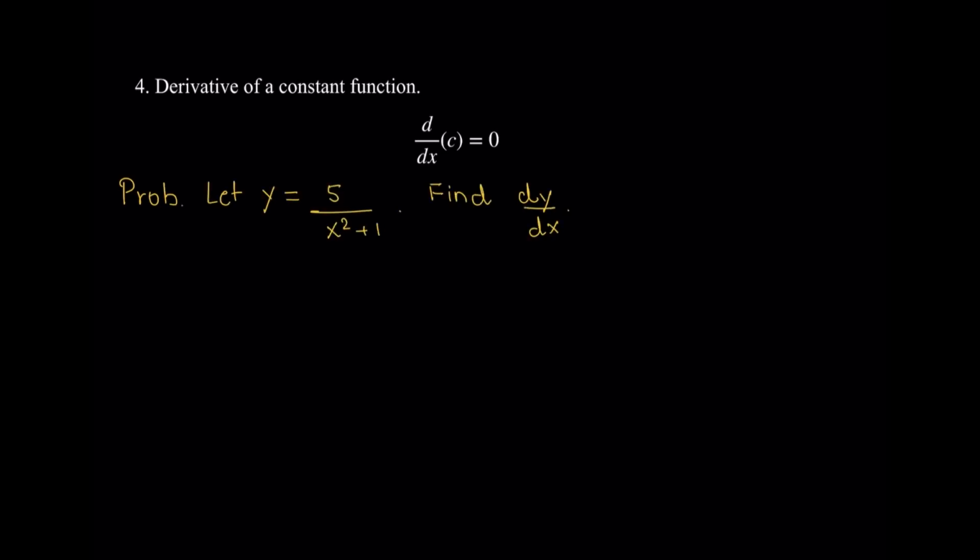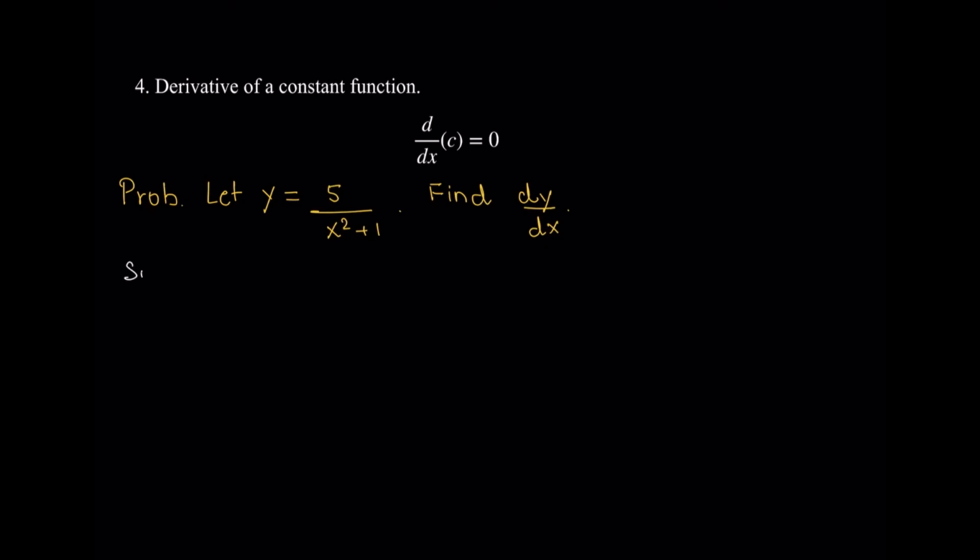Now let's try out the next theorem, that is the derivative of a constant function. It is given as d upon dx of c equals 0. So let's try out a problem to have a better understanding of this. The problem says let y equals 5 upon x squared plus 1, and I want to find out dy upon dx.